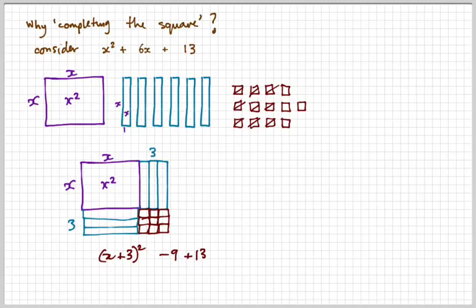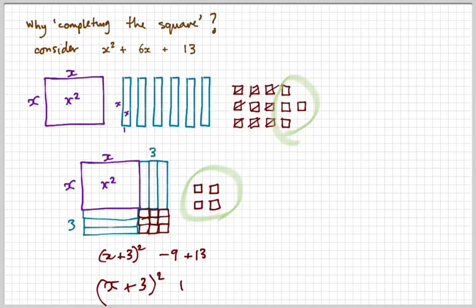Okay? So this is what I've done, and I've got 4 left over. So really, I could draw these 4 here, and in total I have x plus 3 all squared, plus an extra 4 left over.